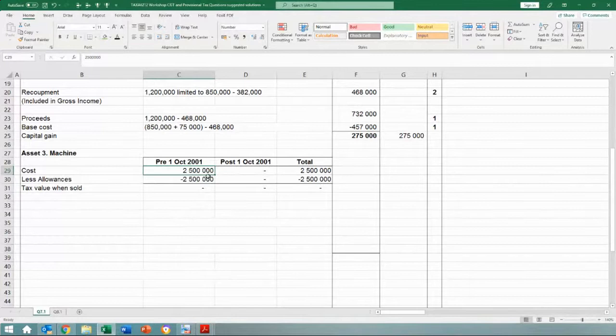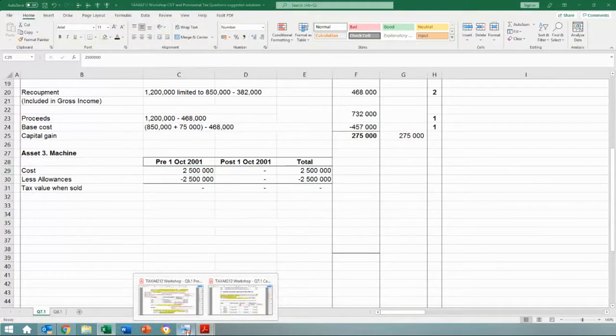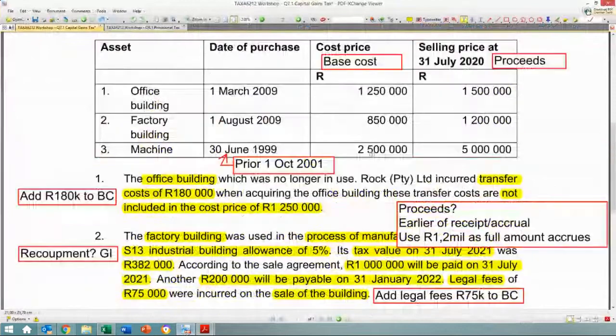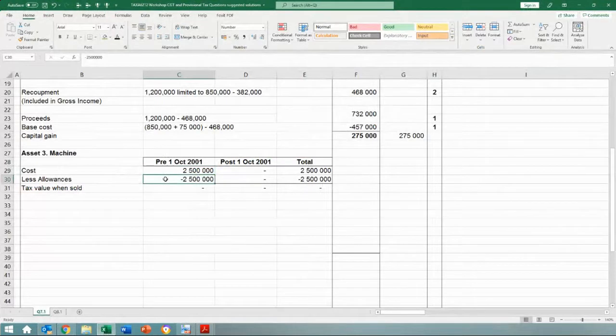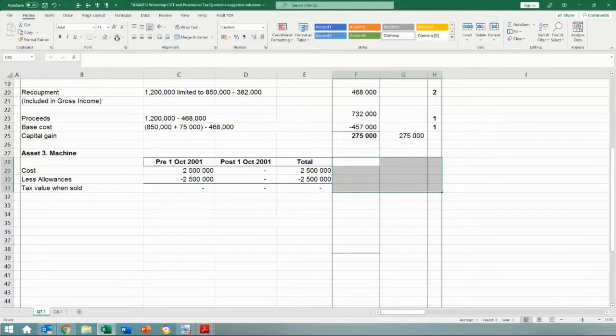Now the pre-October cost, let's just go back to the question, was 2.5 million. Okay, so that's what we've incurred initially. We did not incur any additional cost after that. Okay, so that means our wear and tear allowances would have been based on the 2.5 million. And because the tax value is 0, we would have used that entire 2.5 million when we did the calculation.